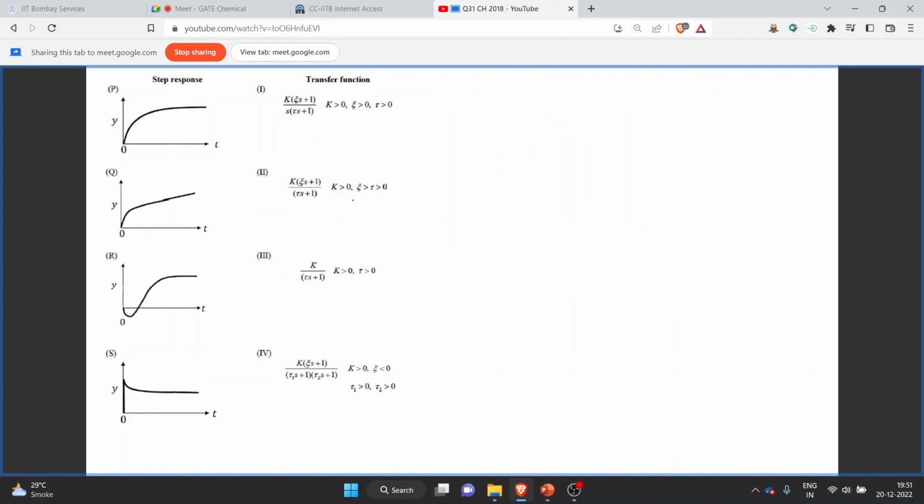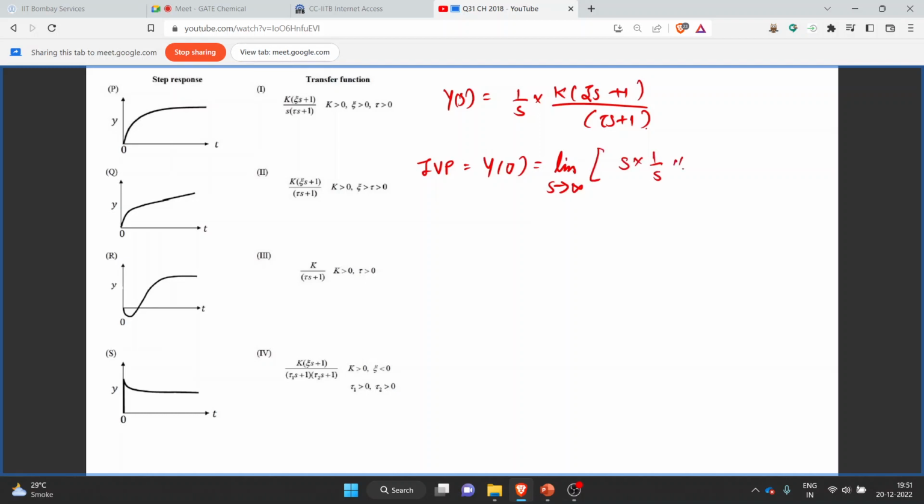Similarly, let us do this for the second transfer function. For the second transfer function, the response will be 1 upon s into k zeta s plus 1 upon tau s plus 1. Now for the initial value, we can write y of 0 as limit s tends to infinity s into 1 upon s k zeta s plus 1 upon tau s plus 1.